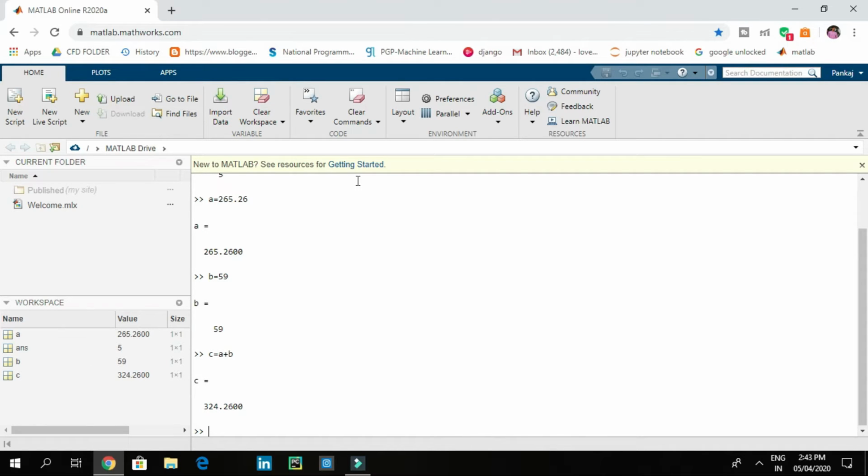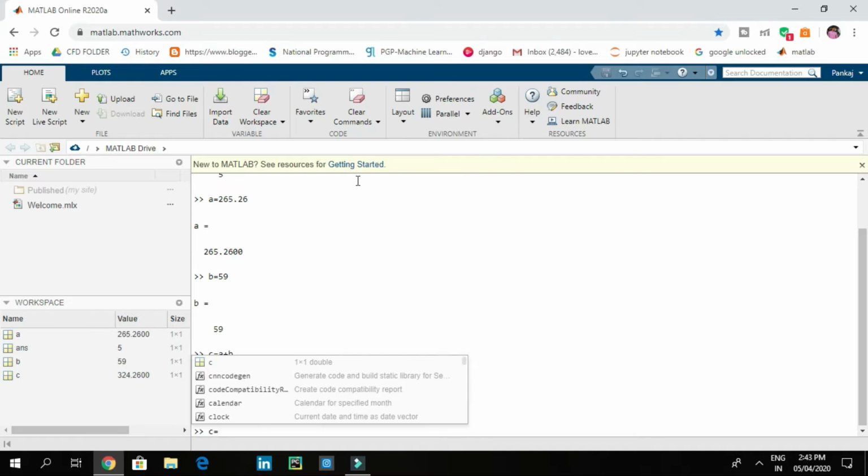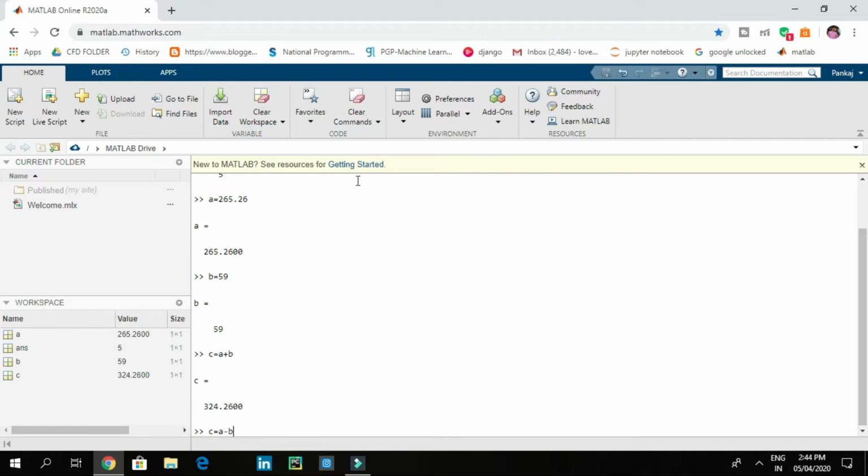And try C equal to A minus B, so it gives subtraction. So minus symbol is used for subtraction.